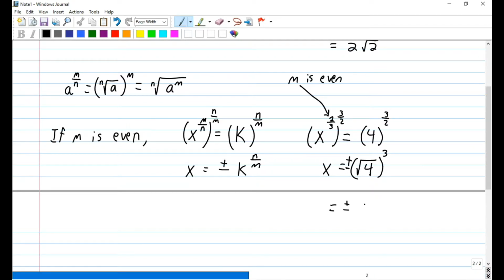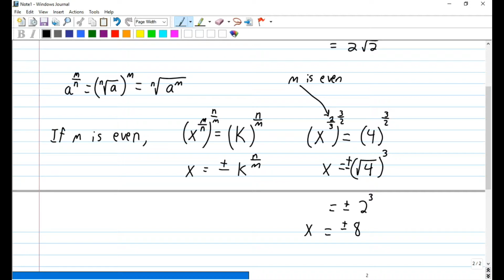So that's plus or minus, what's the square root of 4? It's 2, so you'll have 2 to the 3rd power. So plus or minus 2 times 2 times 2 is 8. So that's my answers. I have 2 answers there. X is equal to plus or minus 8.